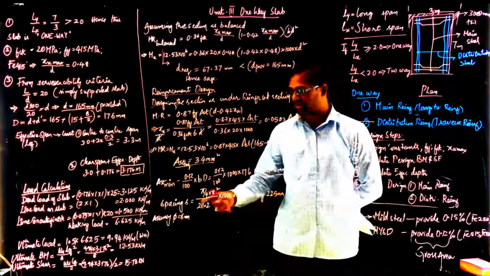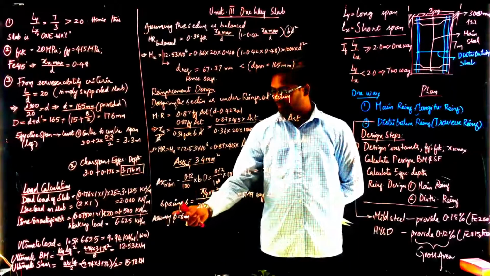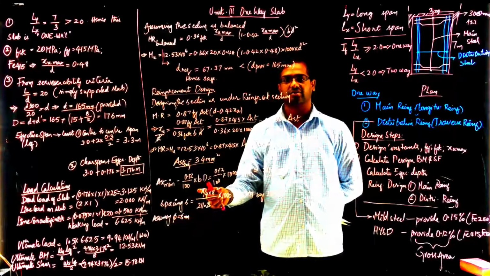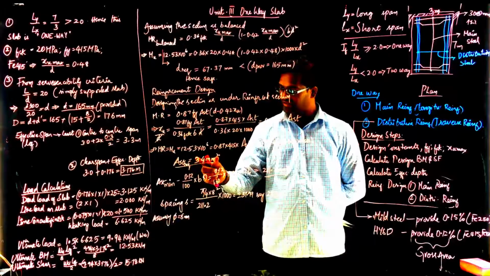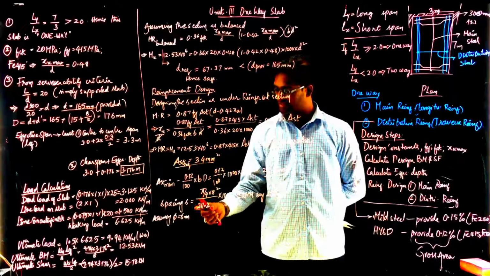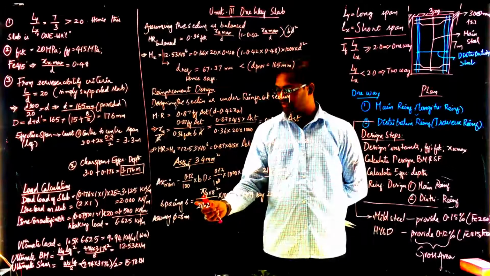So how did I get the spacing? Whatever diameter you have assumed, keep that cross-section area in the numerator, and divide by the actual required area, into 1000. If the designed value is more than the minimum, you consider that; as this value is less than the minimum, you have taken the minimum value.